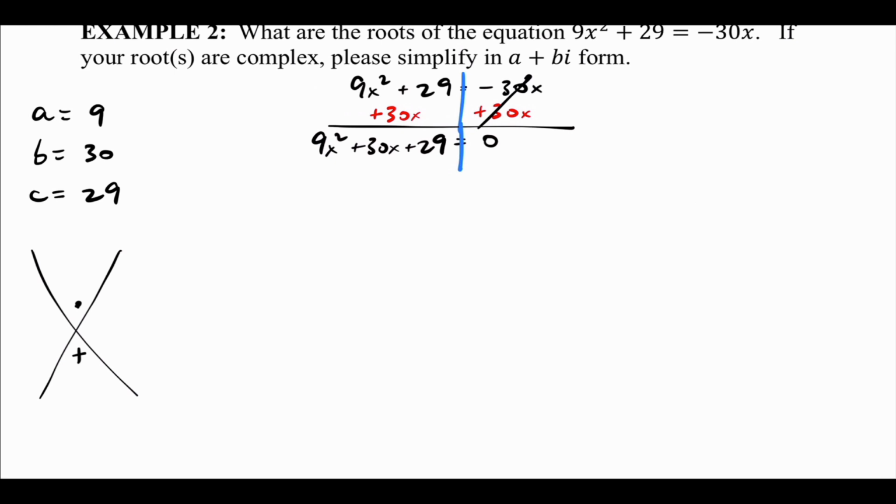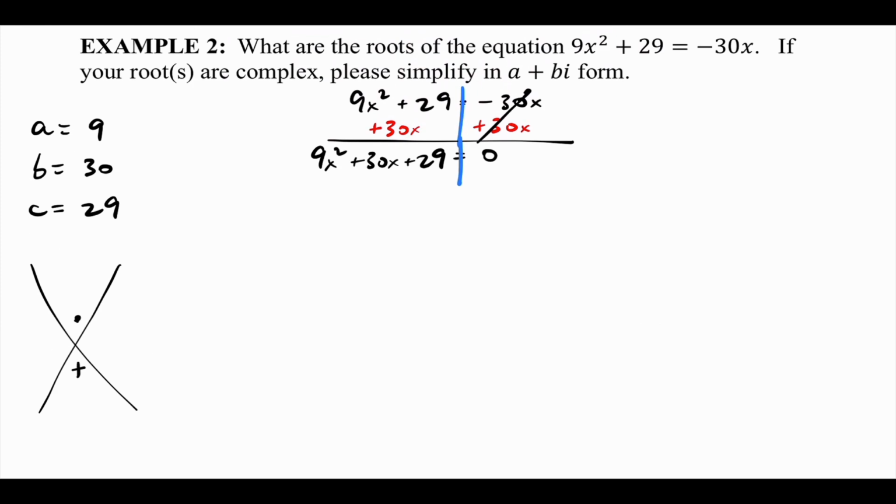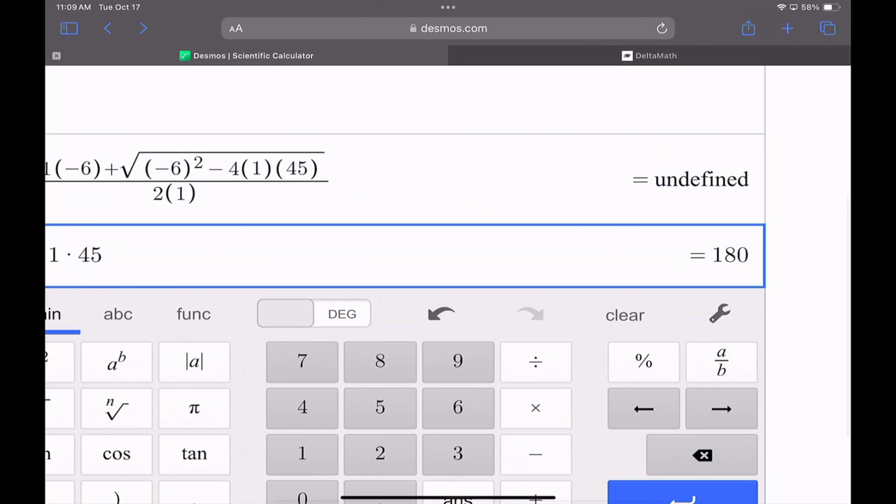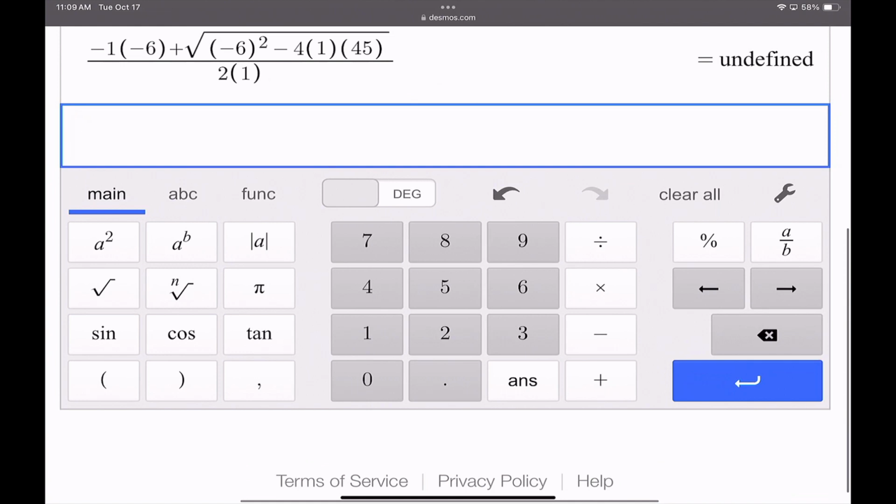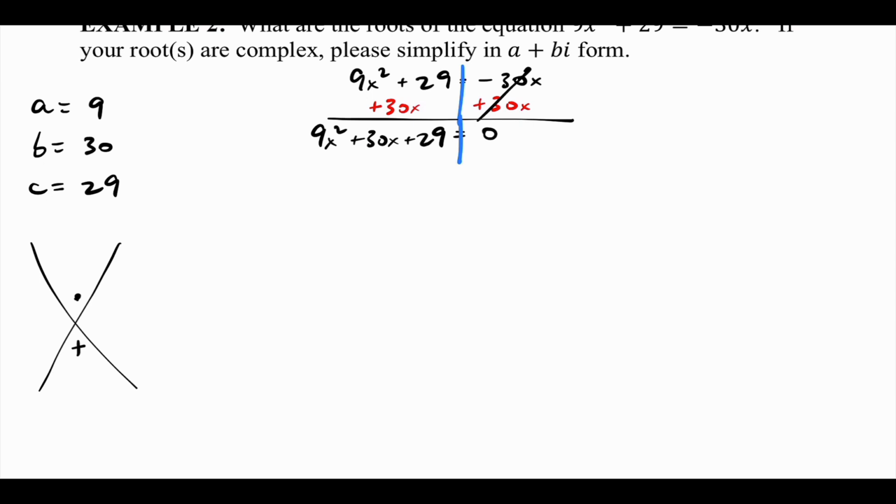So I got to multiply 9 times 29. Oops. 261. So a times c is 261. 9 times 29. b is 30.